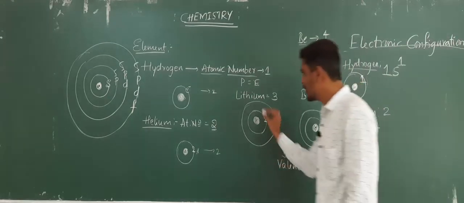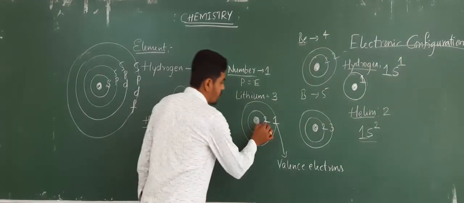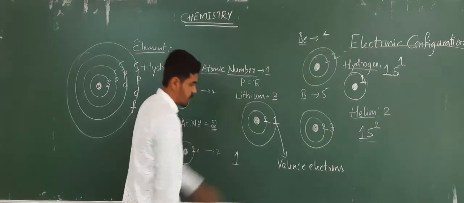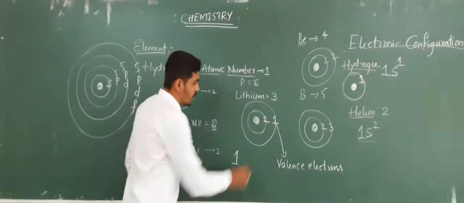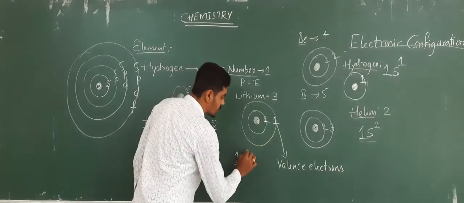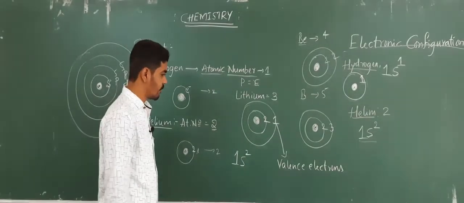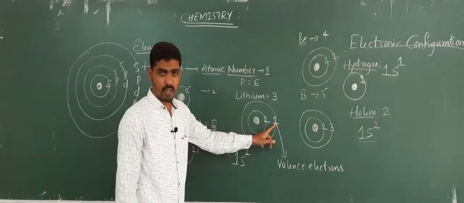In case of lithium, here only observe the first shell. How many electrons are there? Go one by one. In the first shell, which subshell will be present? Yes. How many electrons are there? 2 electrons are present. Now it is over, but still 1 electron is there.